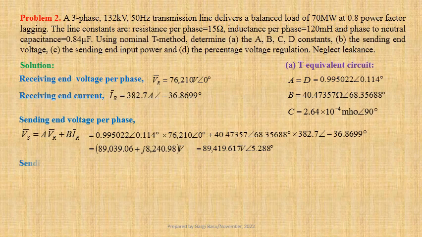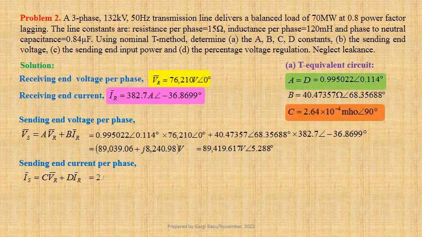Expression for sending end current per phase Is equals C times VR plus D times IR. Using values we get 2.64 into 10 to the power minus 4 at an angle 90 degree into 76,210 at an angle 0 degree plus 0.995022 at an angle 0.114 degree into 382.7 at an angle minus 36.8699 degree.